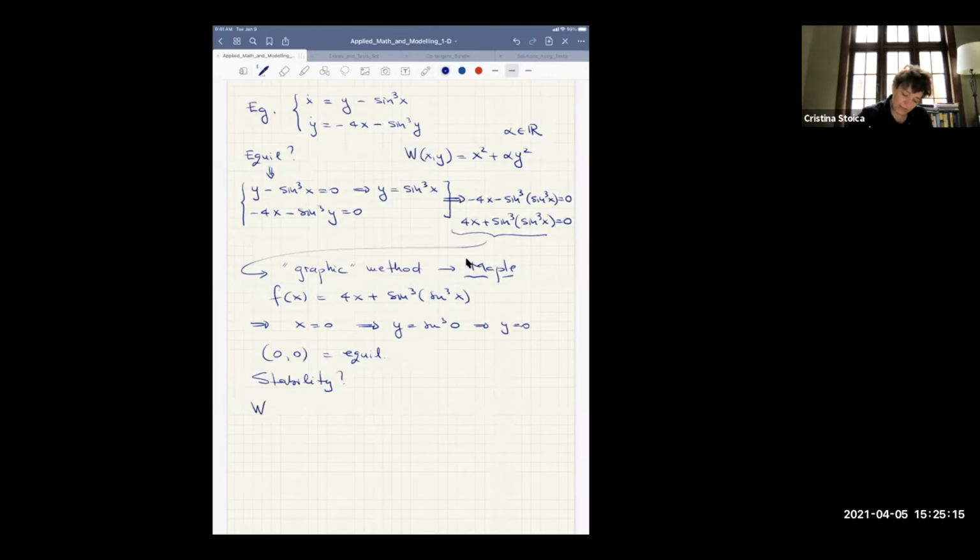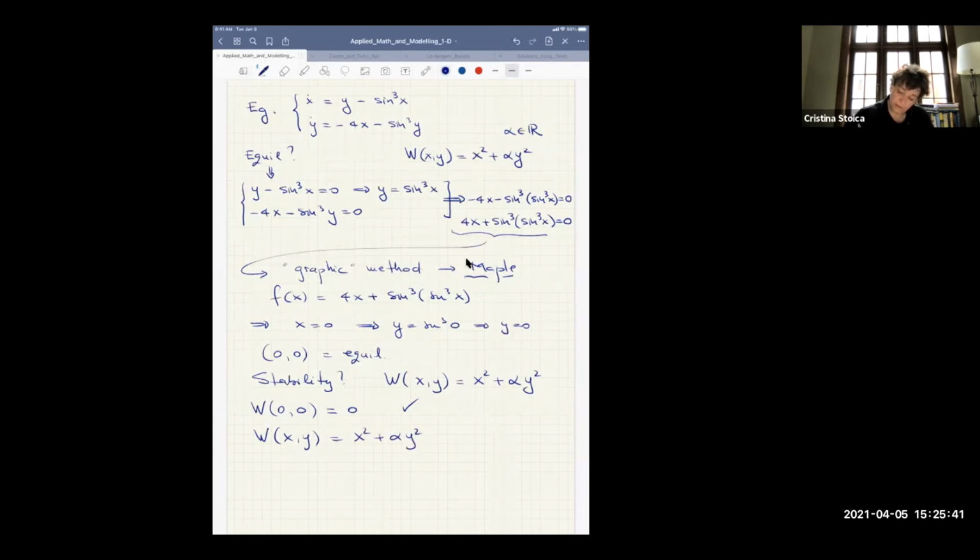So let's take W in Z. So I'm writing it again. Alpha is not specified. We're looking for that alpha that would do the job, right? Okay, so this is W in (0, 0) is 0. Fine, good. Now W in (x, y) is x squared plus alpha y squared.